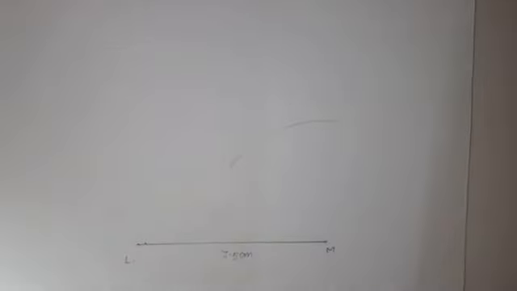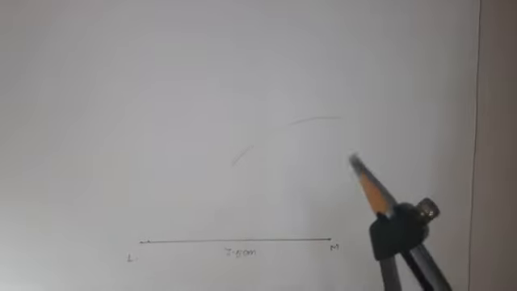Okay. After that, come to the rough diagram. The other side, how much is the measurement they have given? 8 cm. So with the compass, you should measure 8 cm by using the scale. I measured 8 cm in the compass.